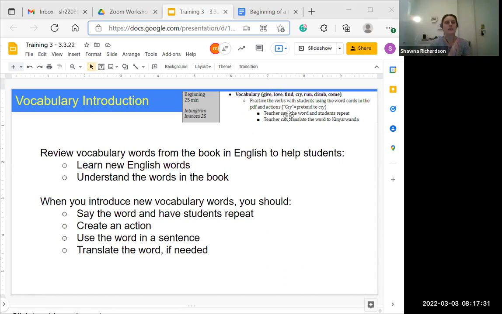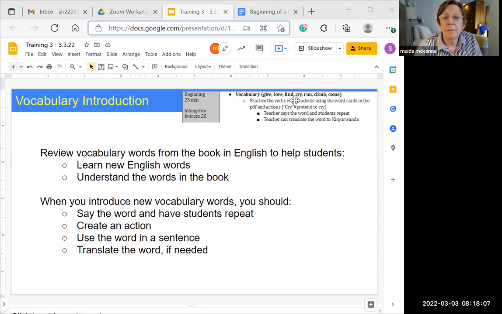All right, the next word is love. Love. Love. I love my neighbor. And I love my mother. And I love chocolate. All right, the next word is find.